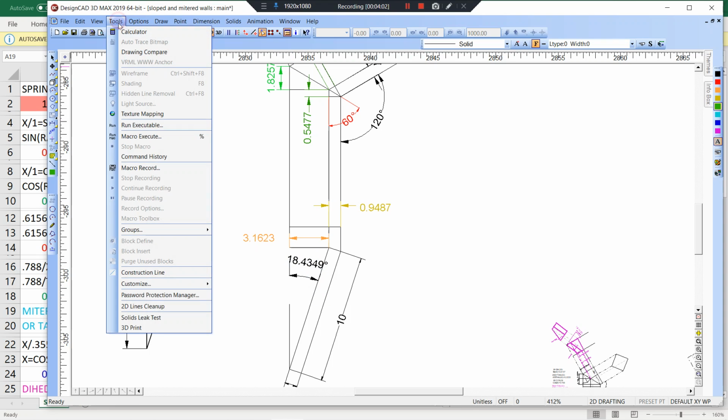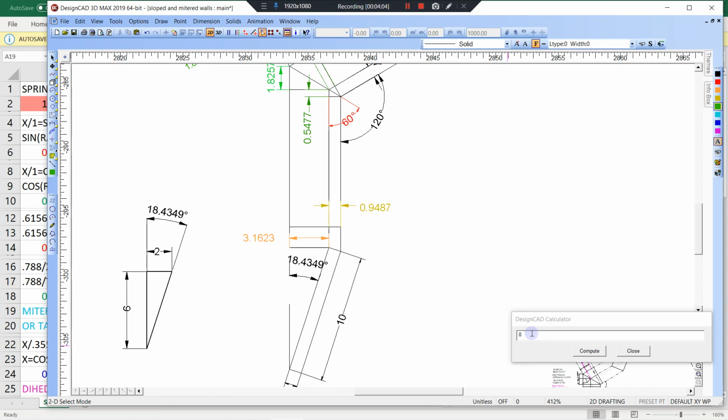So tools, calculator, x divided by 10 equals sine of 18.4349, close parenthesis. And then 10 is on the bottom, we want x equals, so 10 is going to be multiplied times 10. Delete, and then we'll end up with this number here, 3.1623.